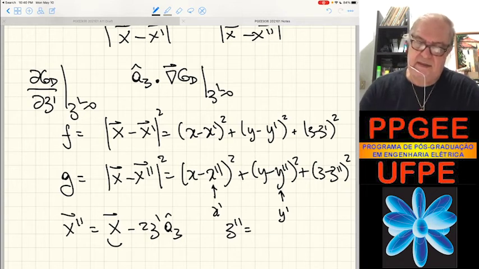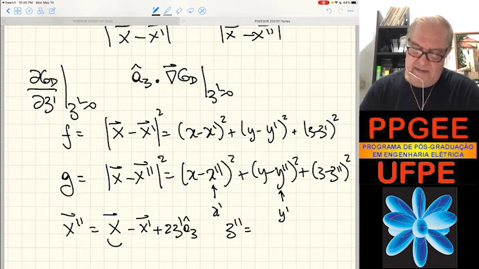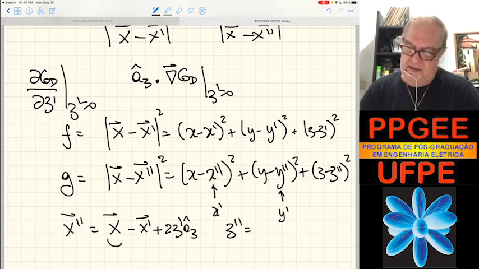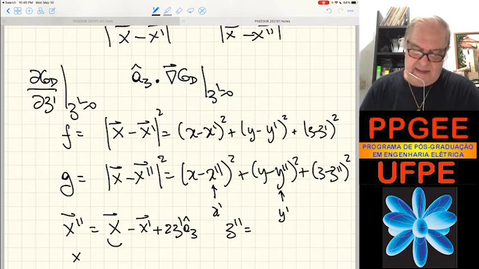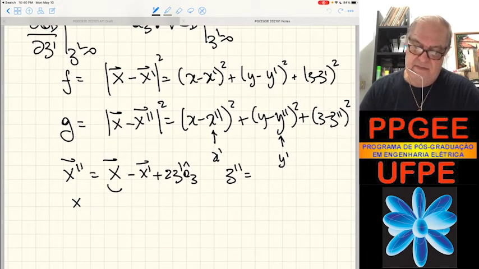Sorry, it's not that. Recall that x2 prime equals x prime minus 2z prime a_z, in other words, x2 prime is x prime minus 2z prime a_z.